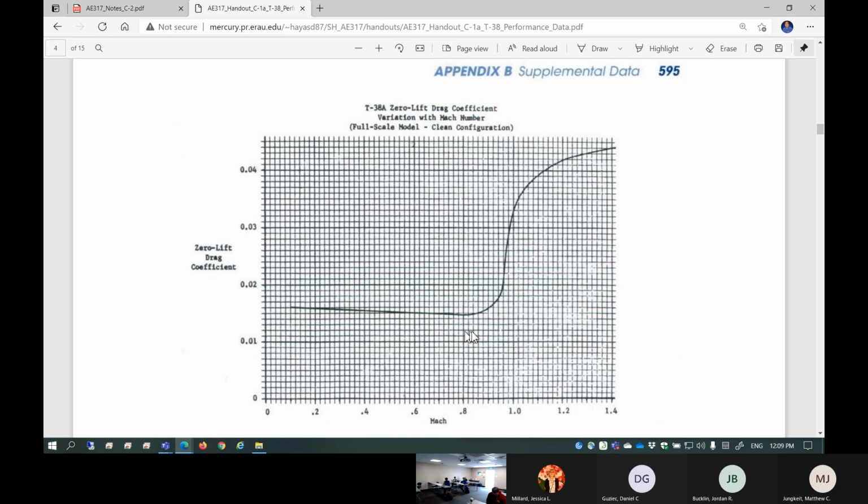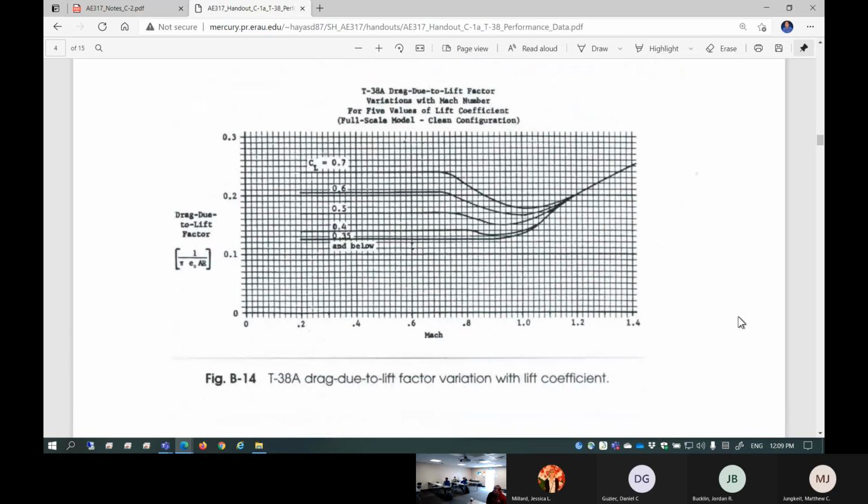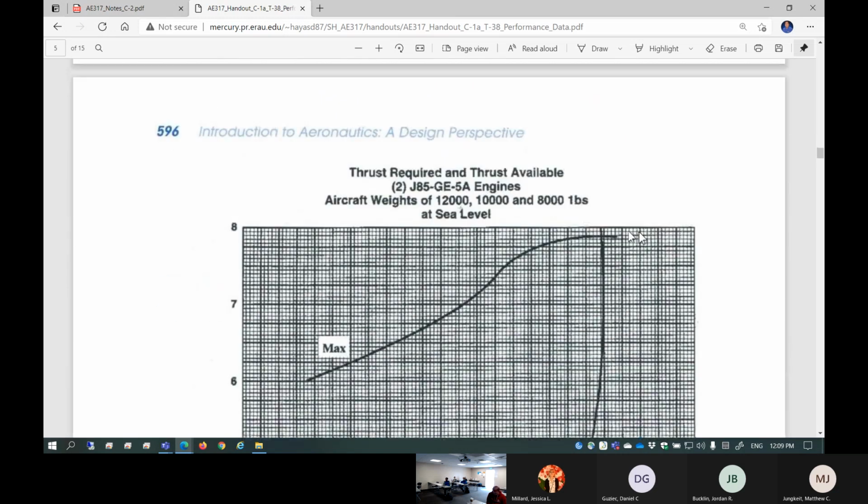If you go across transonic to supersonic, you add a wave drag component to the C_D0, which is parasite drag. How about this? This is drag due to lift, which is induced drag, plotted against Mach number, where you see the transition. Here's the transonic flow.